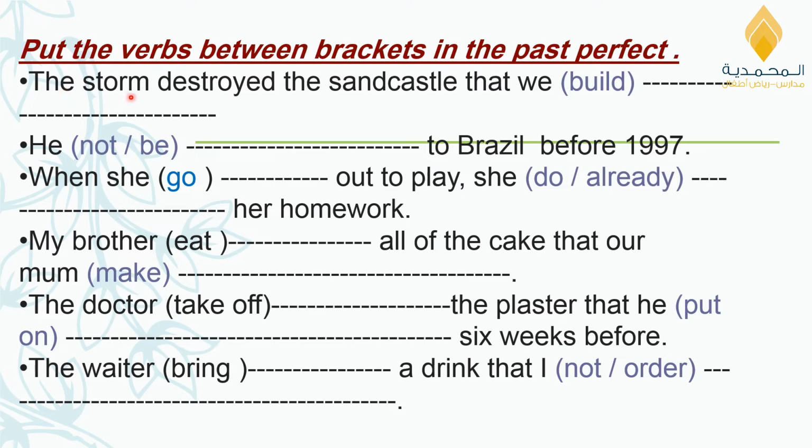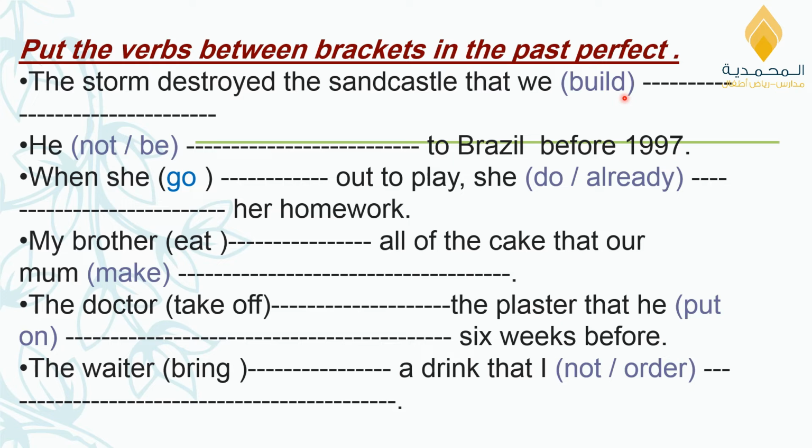The storm destroyed the sandcastle that we. Okay, as you can see, in this sentence we have two tenses. The first one that was used was the past simple, okay? And the second we are going to use is going to be the past perfect. But why did I use the past perfect?